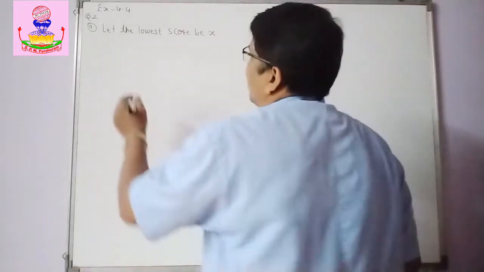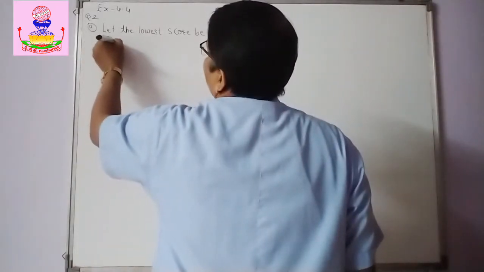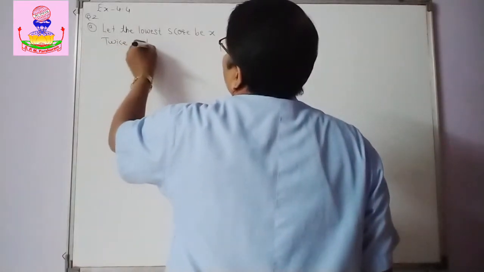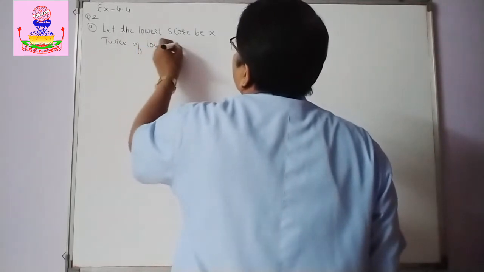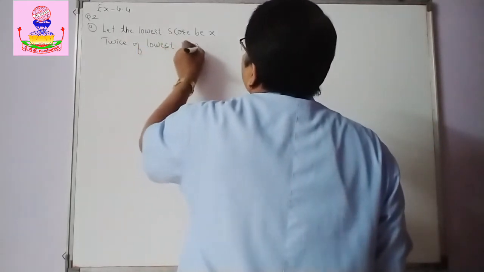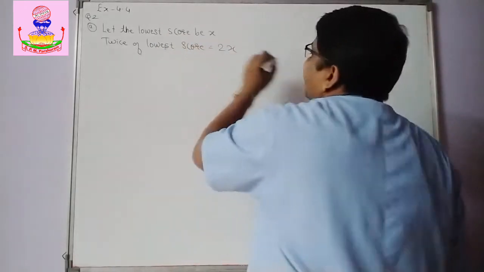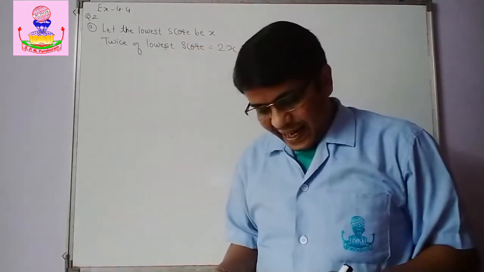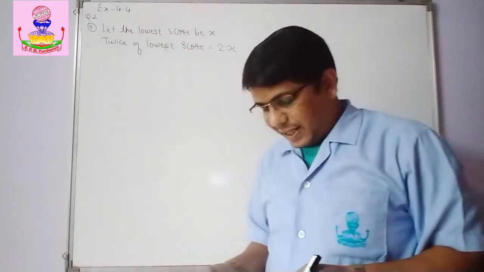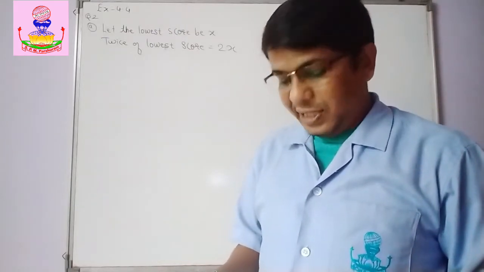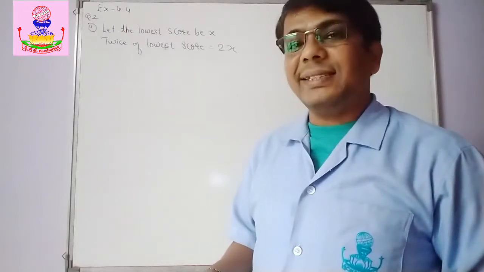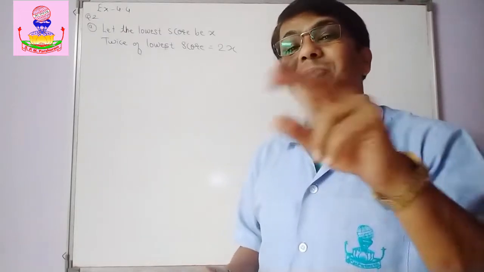So twice of lowest score, how much will it be? Yes, exactly, 2x. And marks obtained by that student, highest marks, they are twice the lowest score plus 7.